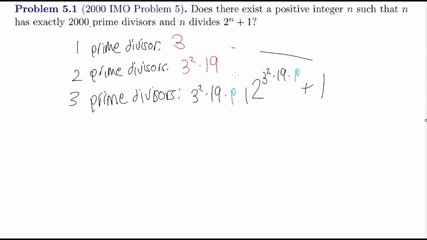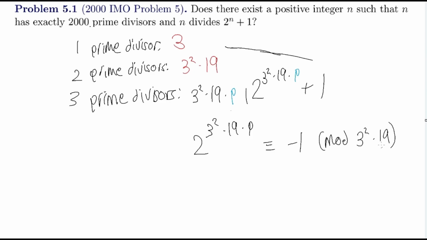And you might be wondering, can we just combine those 2 steps into one? Well, yes, we can, because 2 to the 3 squared times 19 times p is equivalent to, we want to show, negative 1 mod everything but the p part. And we know that if we get rid of this p here, this is true because it works in this case.